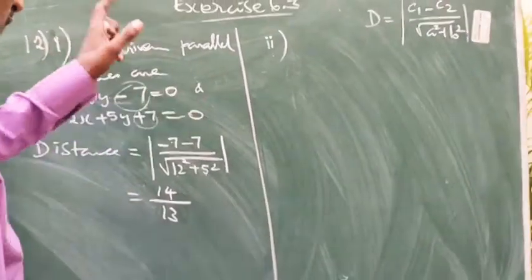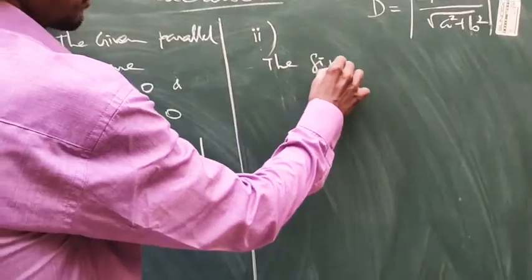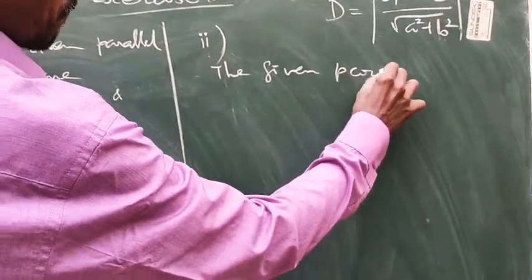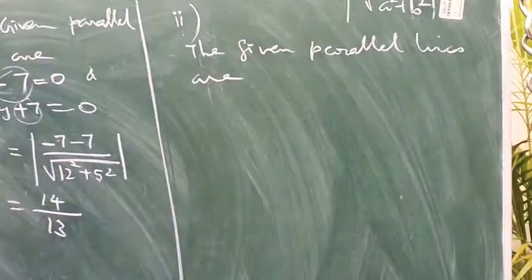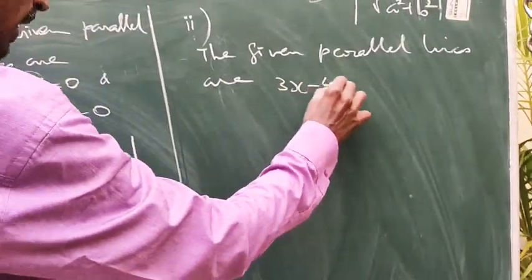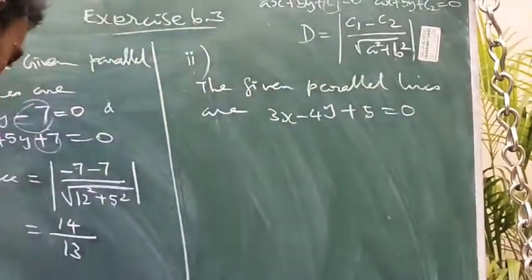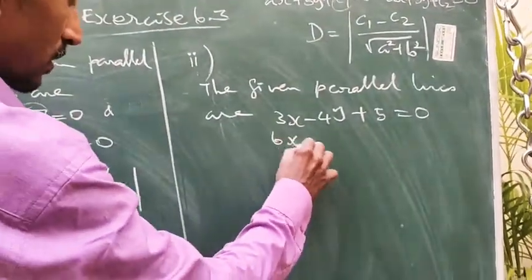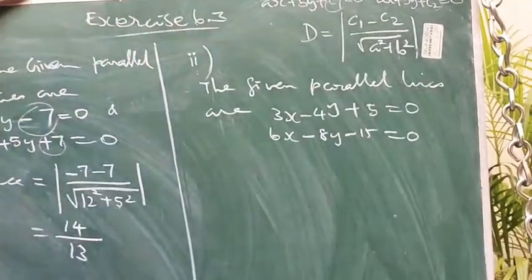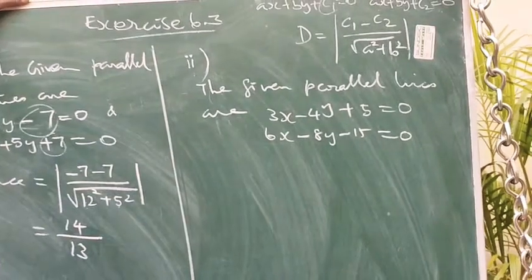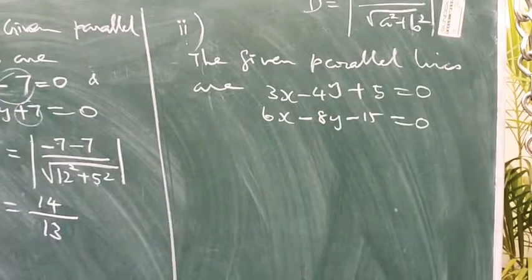The second subdivision is the same, but the lines are different. The given parallel lines are: the first equation is 3x - 4y + 5 = 0, and the second line is 6x - 8y - 15 = 0. They may look different, so first we have to make this simple.